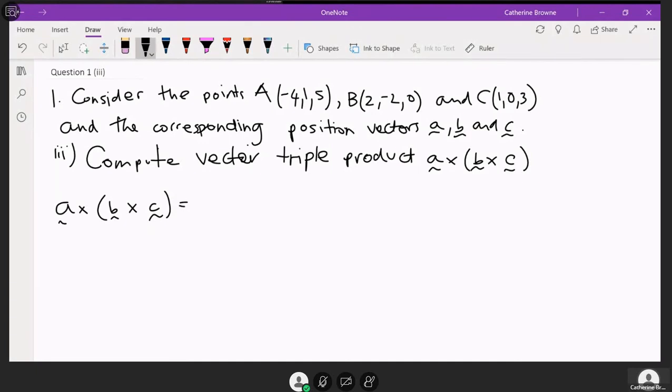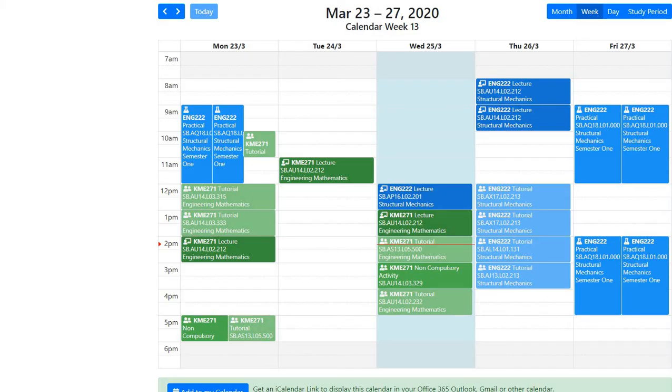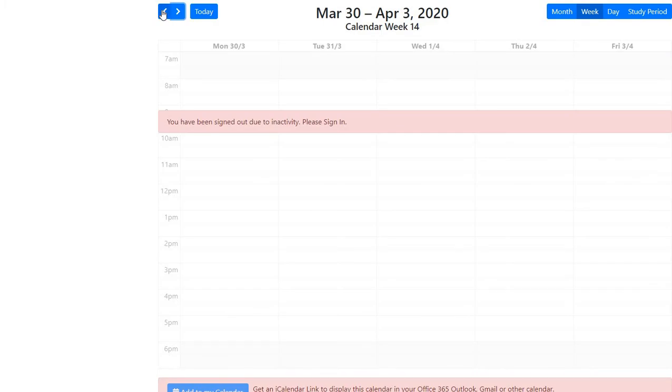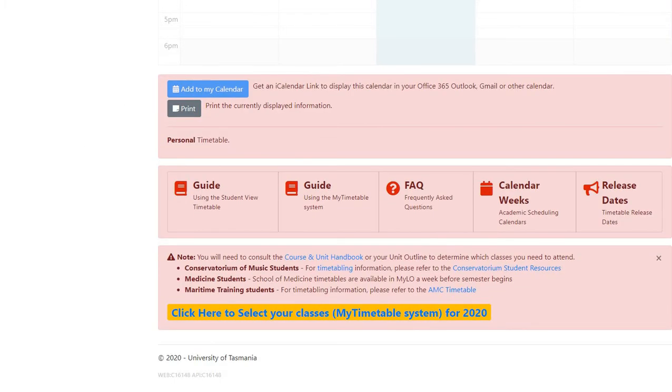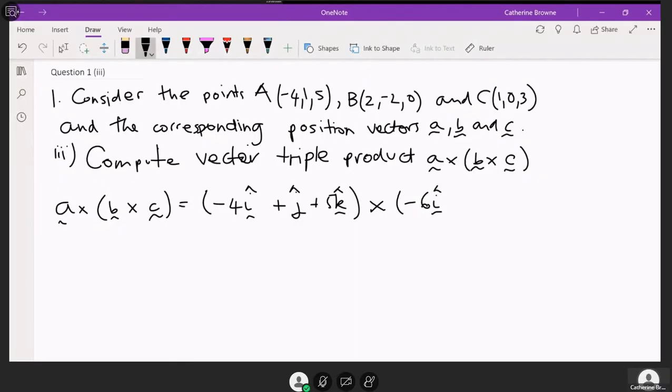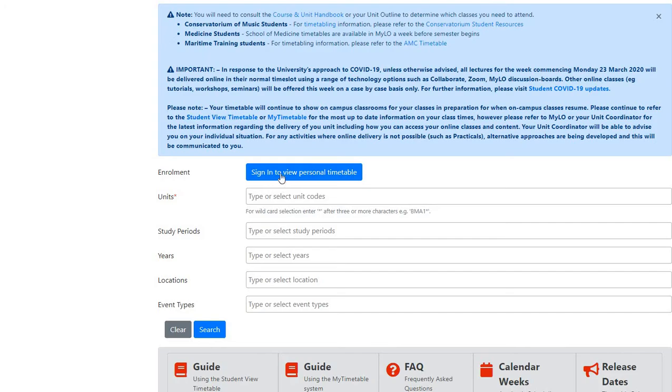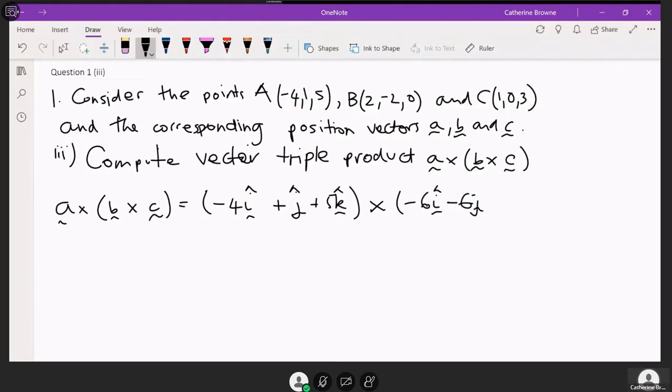So there's A, and we're crossing that with what we found for B cross C. And again, I like to do it as a determinant.